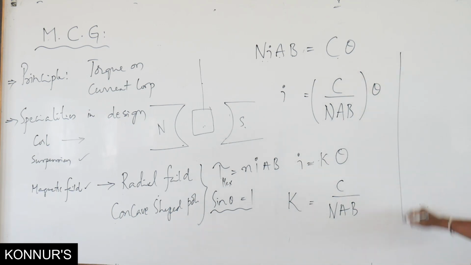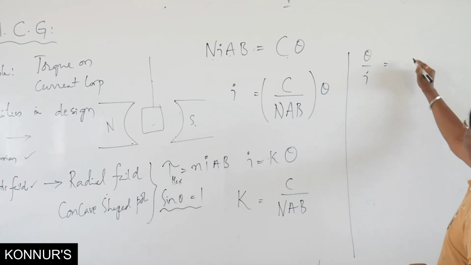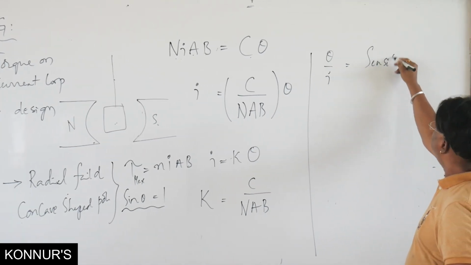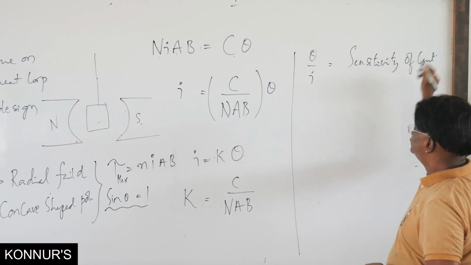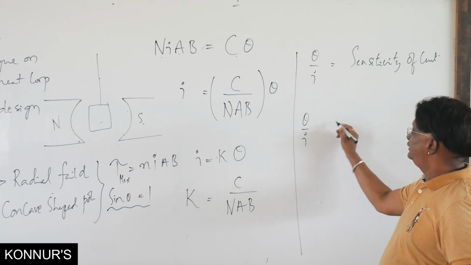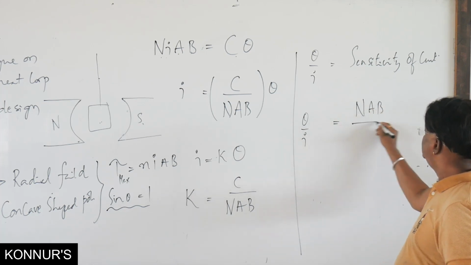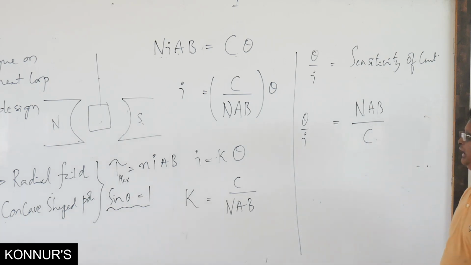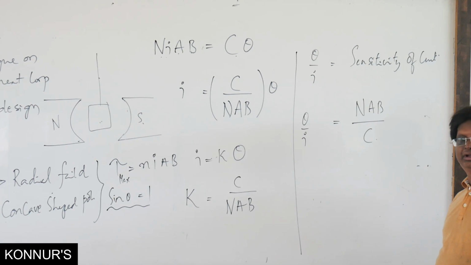And now theta by I is what is called as sensitivity of current. So sensitivity of current, what is the expression you get? Theta by I is equal to NAB by C. So how to increase the sensitivity of the current?